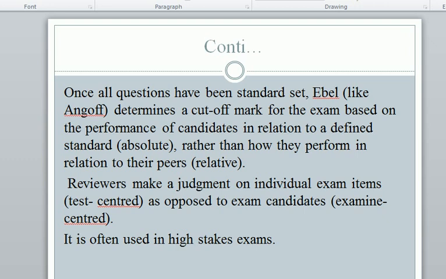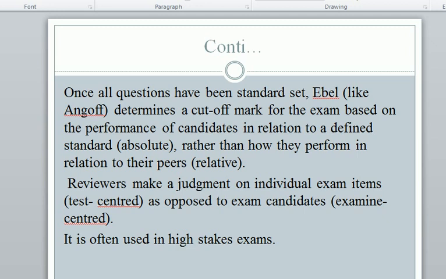It means an absolute defined standard rather than how they perform in relation to their peers, relative, or like in norm reference. So reviewers make a judgment on individual items, test centered, as opposed to exam candidates, examinee centered.